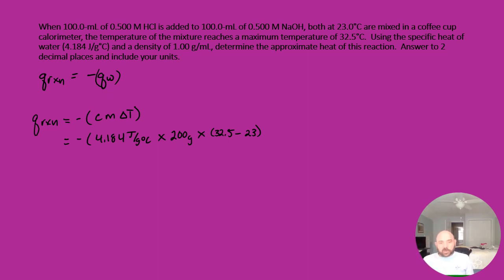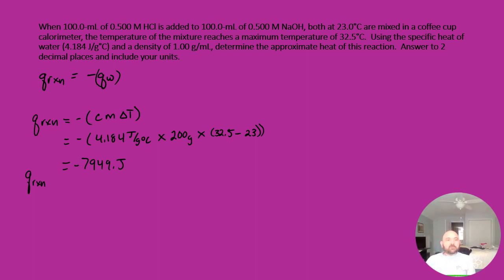Now this is just a matter of plug and chug in your calculator. 4.184 times 200 times 32.5 minus 23 equals 7,949.6 joules of energy for this reaction.